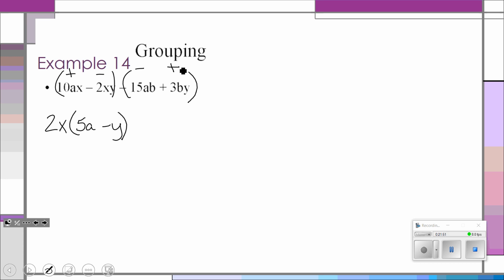So I've got to take out a negative 3b. Because when I take out a negative and a 3 and a b, I'll be left with positive 5a. Does everybody understand that? And then it's going to match with this 5a right here. Okay? And when I take out a negative from this positive, what will that make? It'll make a negative. It makes it switch signs. And you'll have a negative y. And so now your groups match.